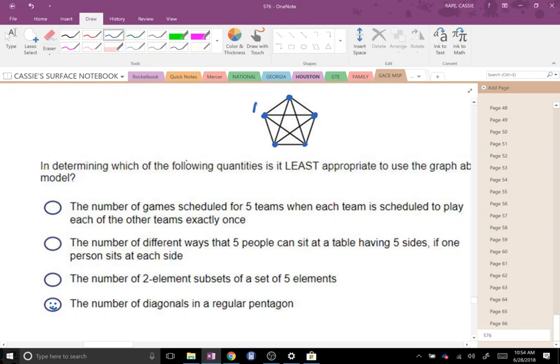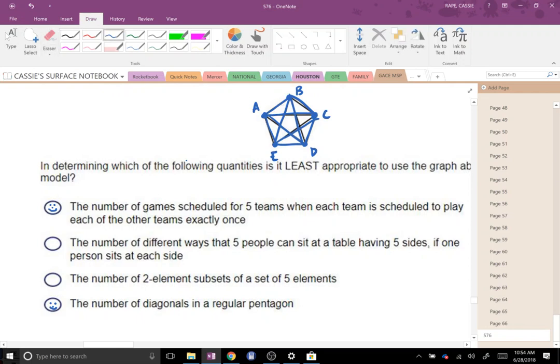Because if this is team A and this is team B, C, D, and E, you could see that A plays C, C plays E, B plays E, A plays B, B plays D, A plays D, A plays E, E plays D, D plays C, and C plays B. So yeah, there are 10 games, and that's a really good way to see how many games total you would be looking at. So I'm going to give that one a smiley face too. That's not going to be my answer because I'm looking for the bad situation.